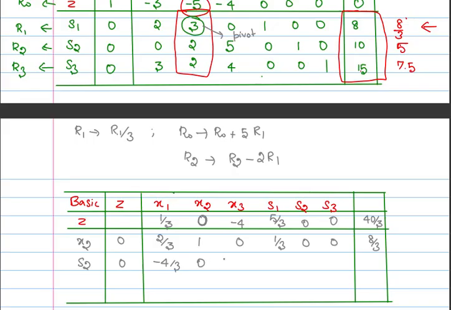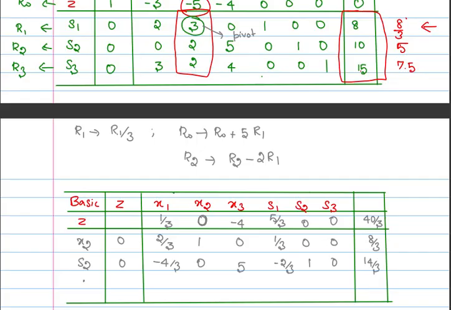Here you will get 0, here 0. The number here is the same, 5. Here you will get minus 2 by 3, here 1 and 0. So 8 by 3 is 2 times. Here already 10 is there, so 10 minus 16 divided by 3 gives 14 divided by 3. This is the answer.